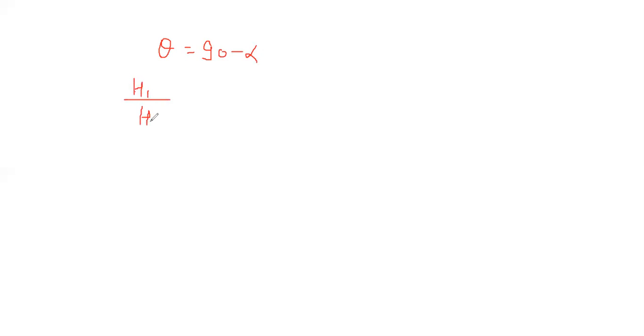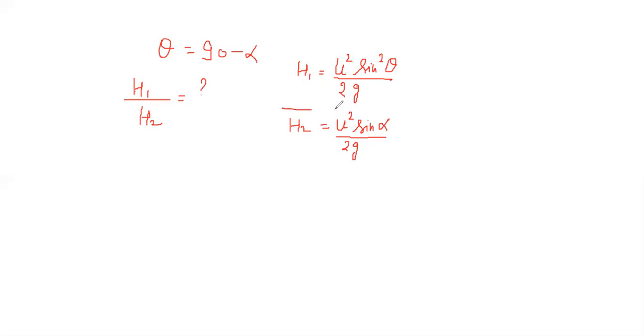H1 formula is u square sin square theta upon 2g, and H2 equals u square sin square alpha by 2g. If we divide H1 by H2, u square cancels u square and 2g cancels 2g.